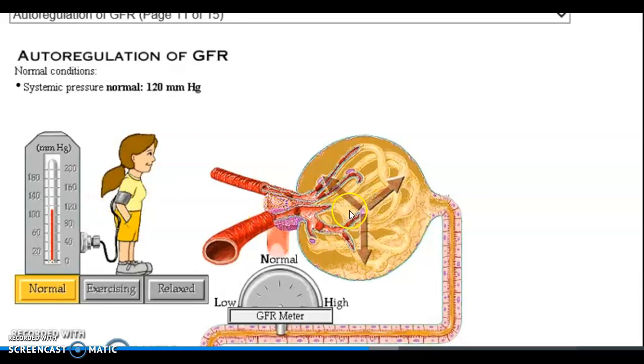Because again, if we have too high a pressure, we can push out too much. If we have too low a pressure, we may not filter out enough. So how does our body regulate that?